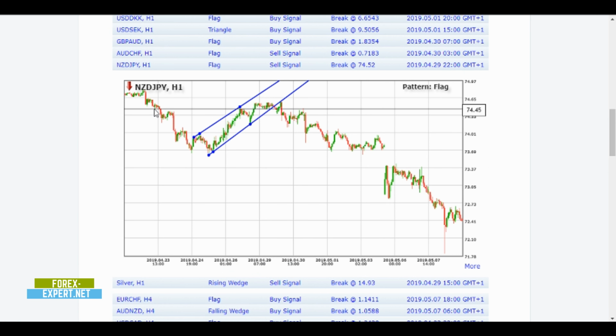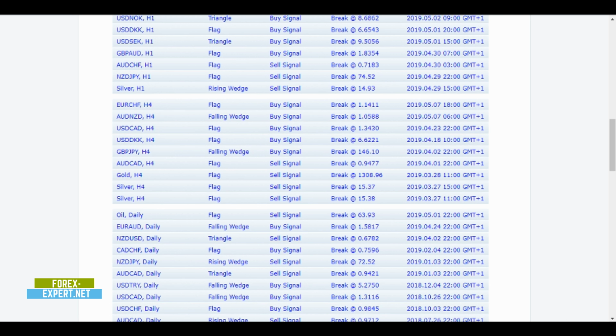Another good one, for example, is the New Zealand dollar and the yen. Also, always on the 1 hour time frame. We have a flag. Those are the live signals.